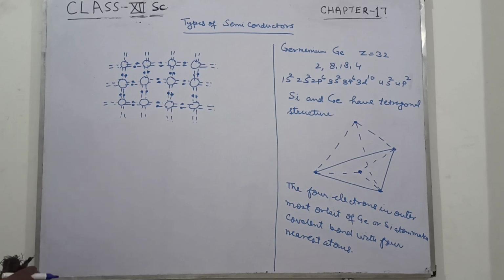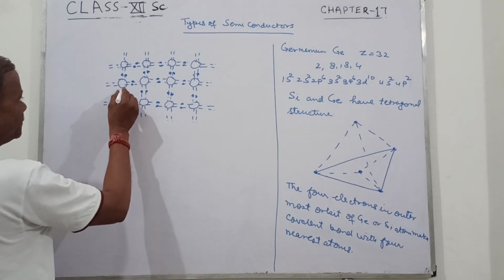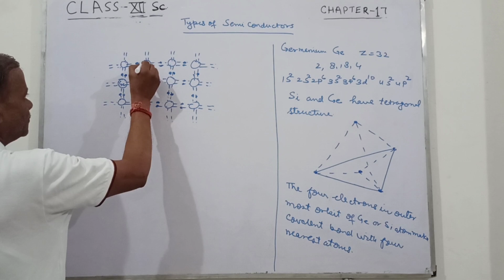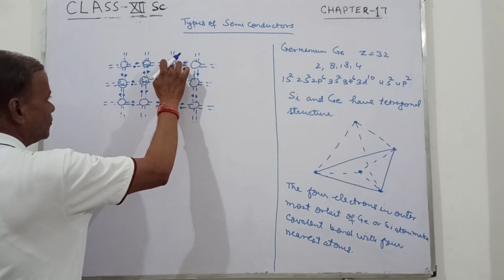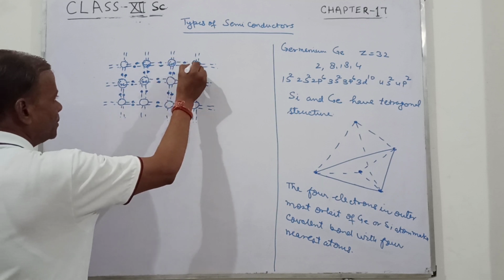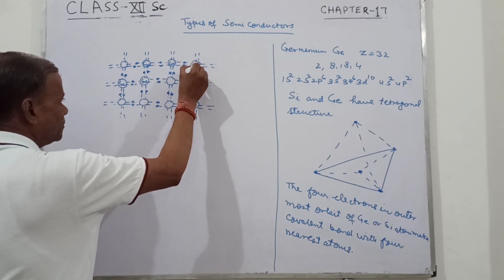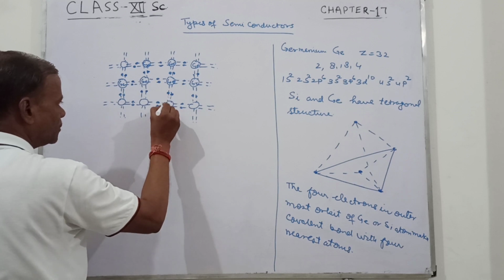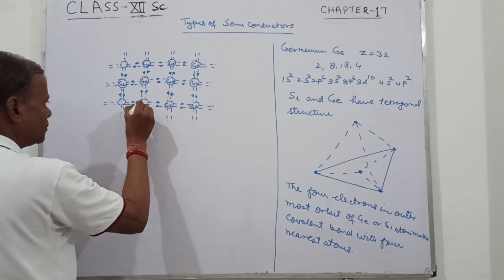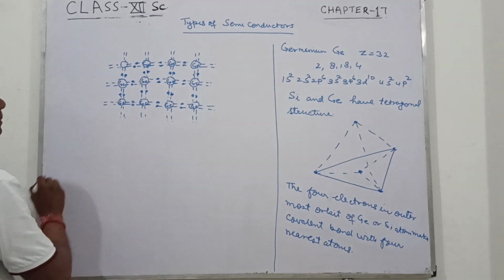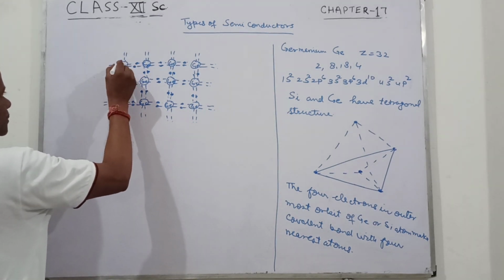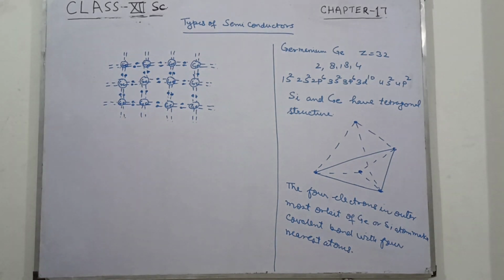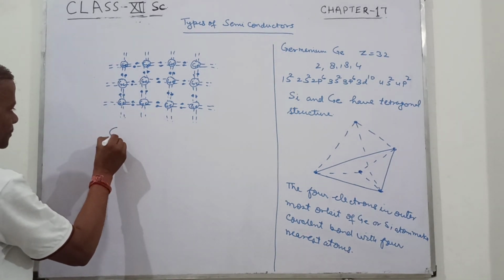Suppose this is germanium; these are the germanium atoms I have shown you. This is the germanium crystal.